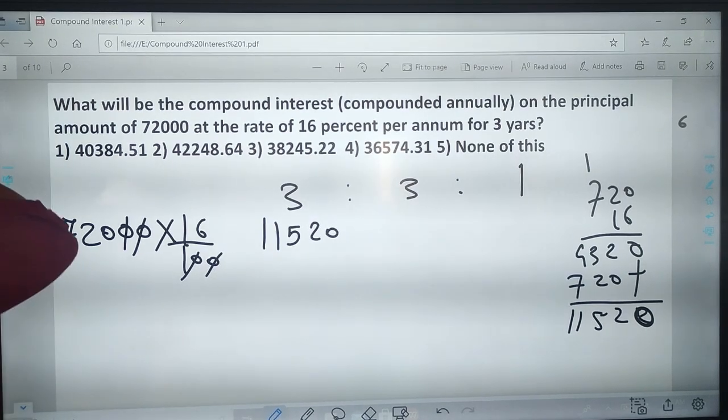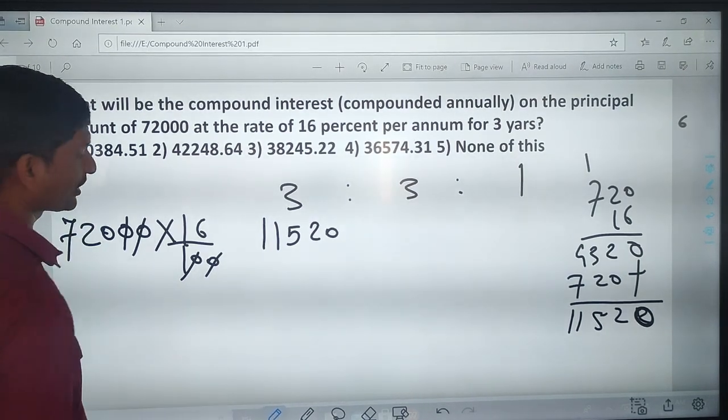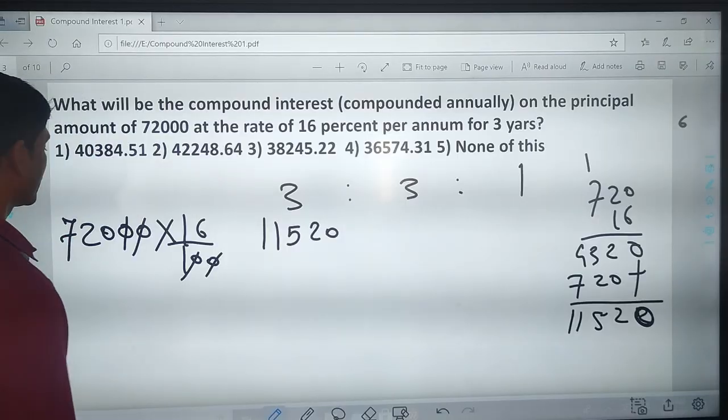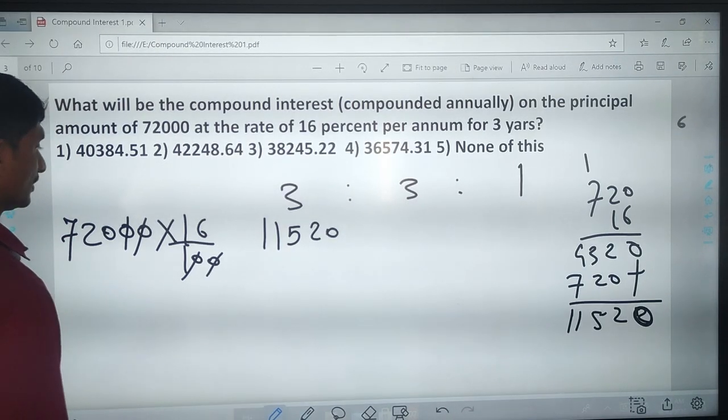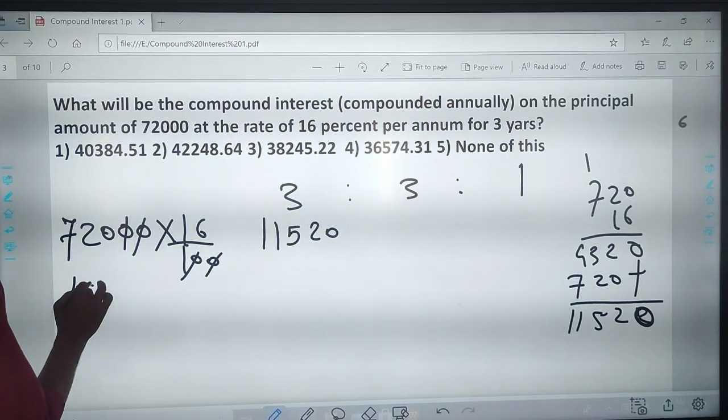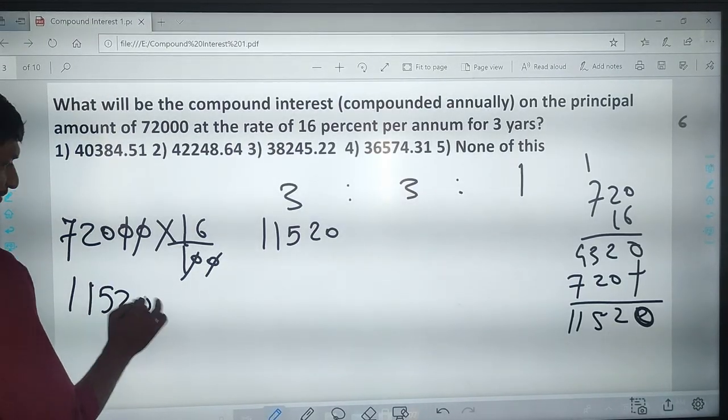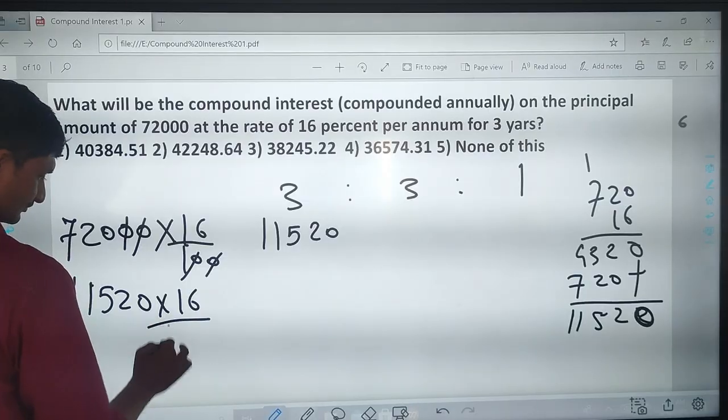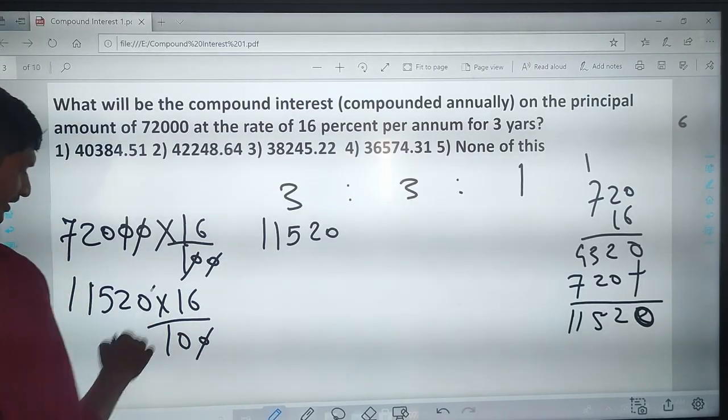Now we take 16% of 11,520. Here the 0s get cancelled.